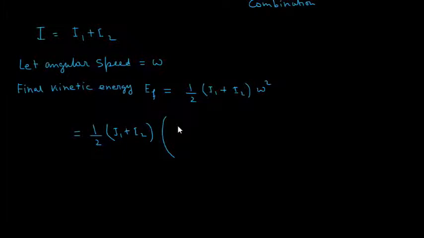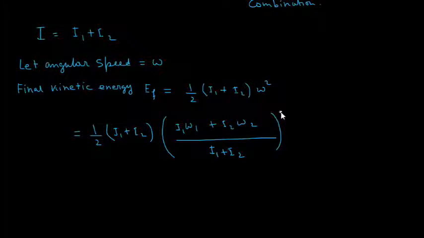So it will be half (I1 plus I2) times (I1 omega 1 plus I2 omega 2 upon I1 plus I2) whole square.